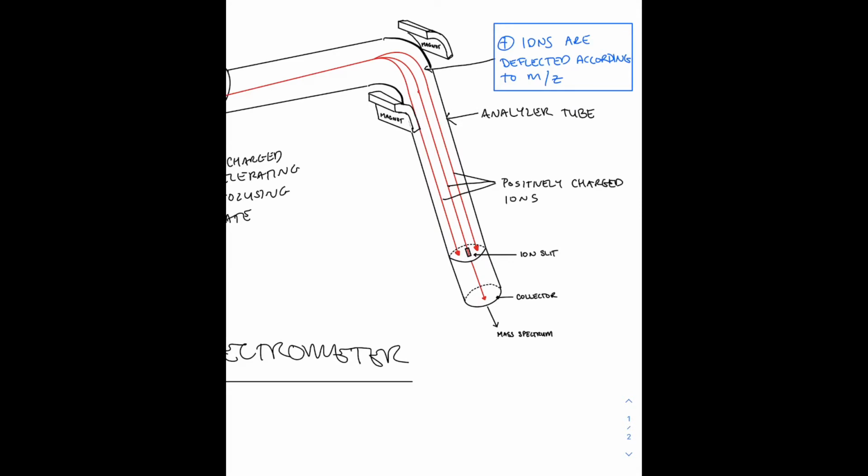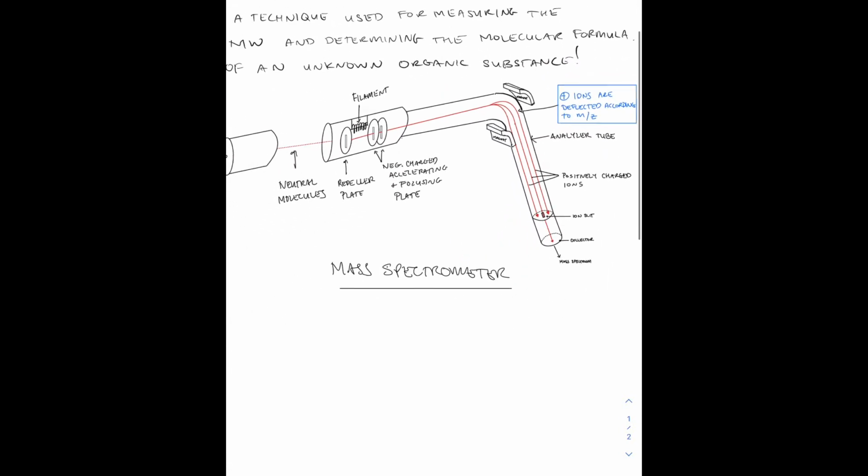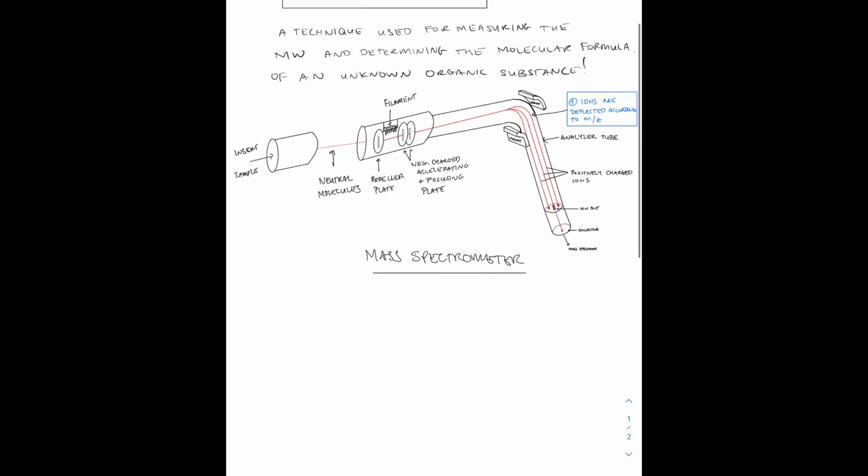And so only a few ions of a specific mass will actually make it through the ion slit and then make it to the collector, and that's based off, again, the strength of the magnet as well as the mass to charge ratio, which is m over z, so the mass of the ion versus the charge of the ion. And typically the charge of the ion in these particular problems that we'll see is always positive 1.